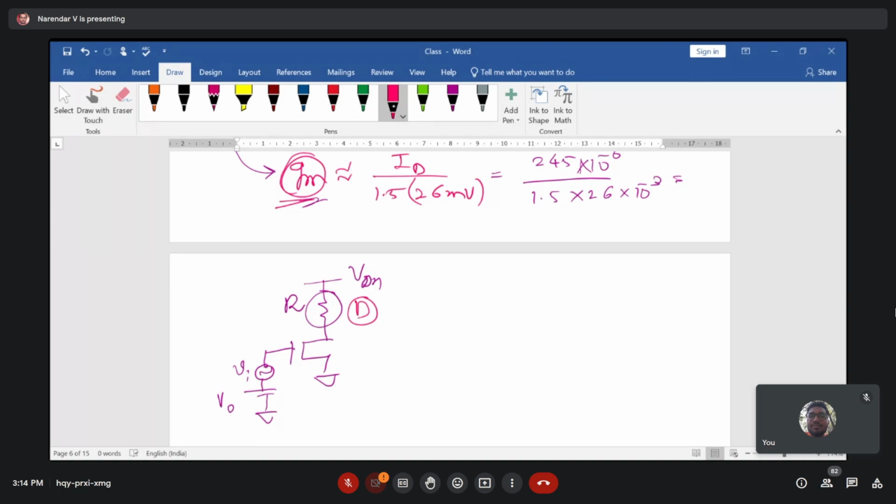Instead of that, just take a MOS transistor and make the MOS transistor equivalent to your diode. This is your NMOS transistor, with drain terminal, gate terminal and source terminal. You can make this MOS transistor a diode by connecting the gate terminal and drain terminal together. So if you connect drain and gate terminal, then this MOSFET acts just like your diode.